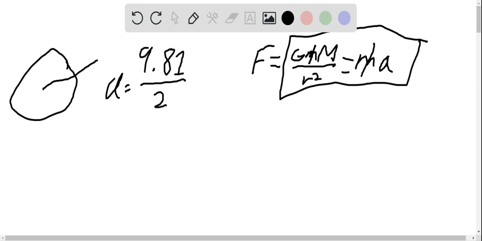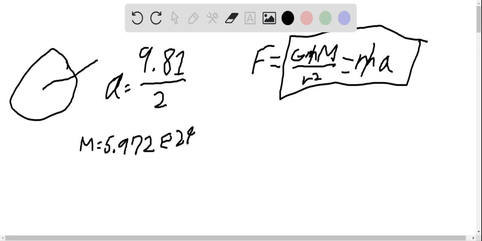We have the acceleration here, our desired acceleration, and we do have the mass of the Earth. The mass of the Earth is simply 5.972 times 10 to the power of 24 kilograms.